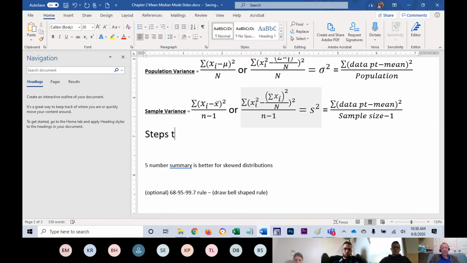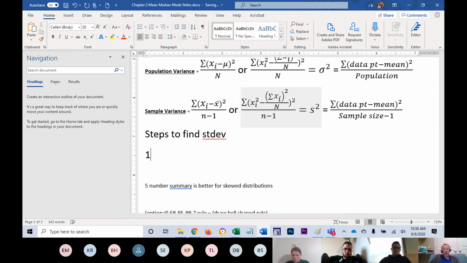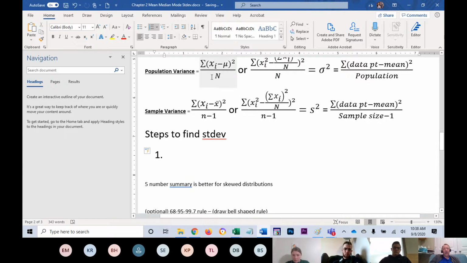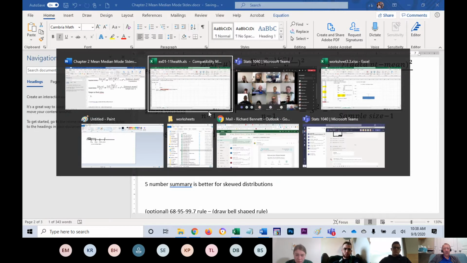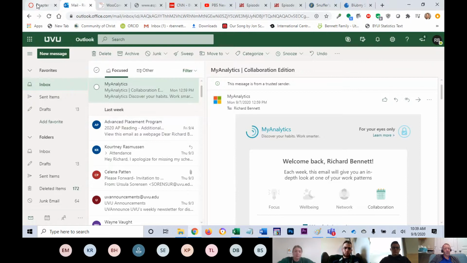Okay, so steps to find the standard deviation. On the test, I'm going to give you both this formula and this formula. In fact, it's on the formula sheet.